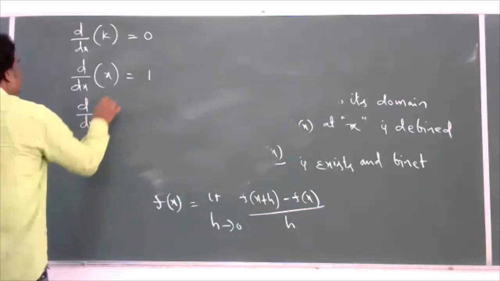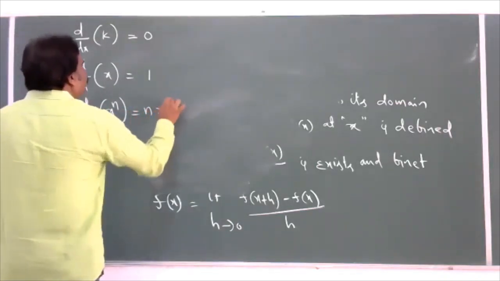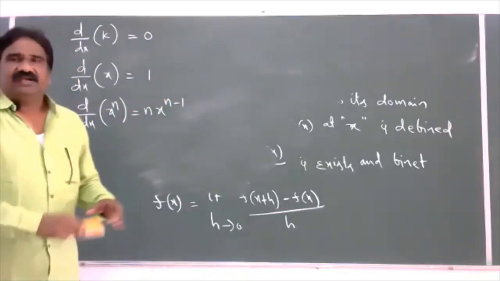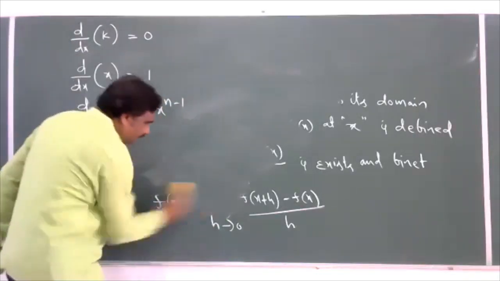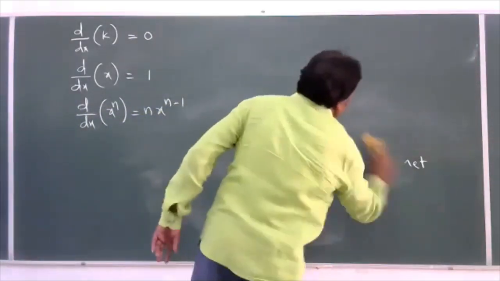So, d by dx of x power n is equal to n into x power n minus 1.